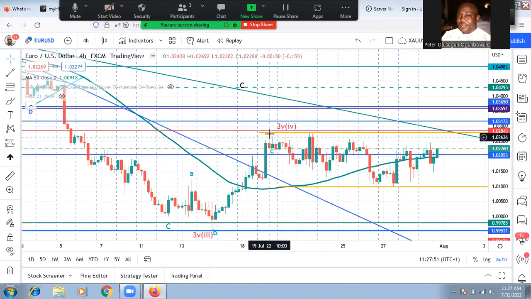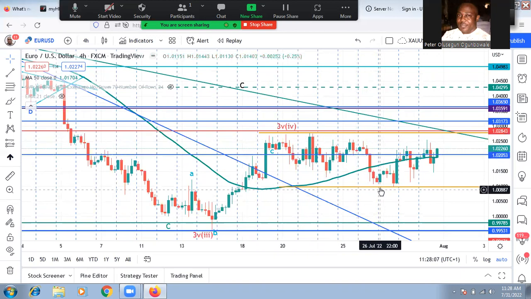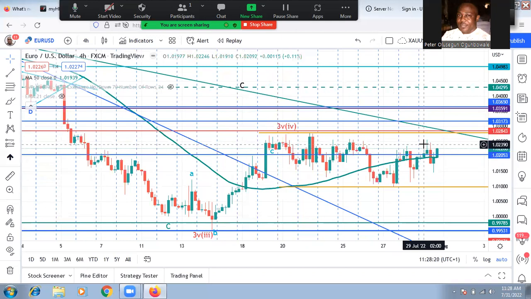I can see a 1, a 2, and a 3 to the downside, and I can see a 1, a 2, and a 3 to the upside here, which is like a B, and I can see a 1, a 2, and a 3 to the downside. So if you're going to label that, you can see another one, a 1, a 2, and a 3 to the upside here.